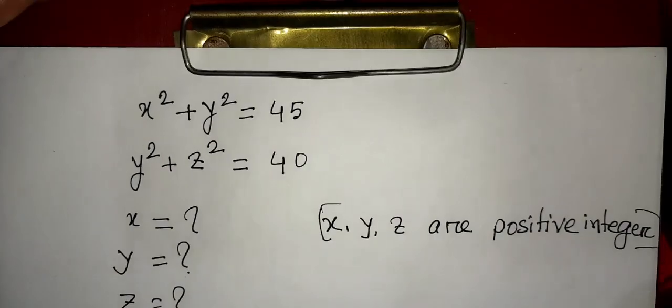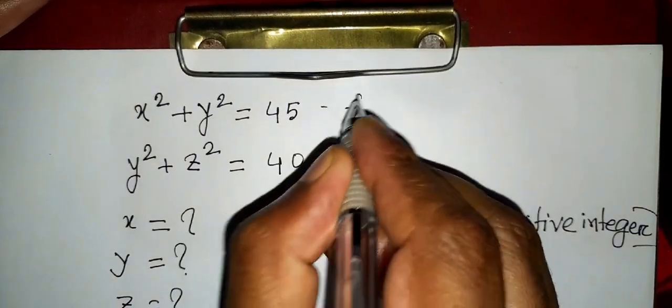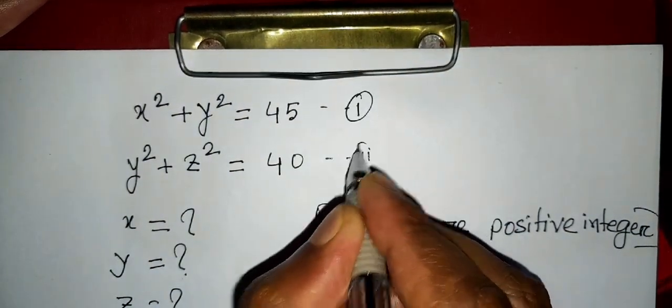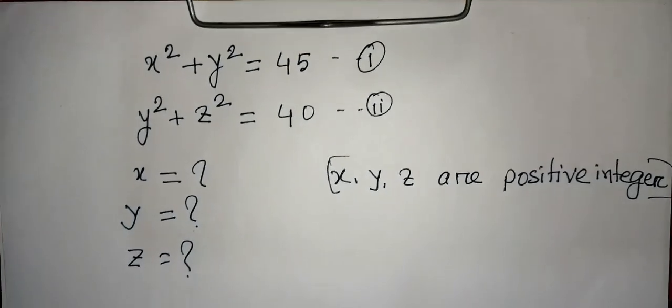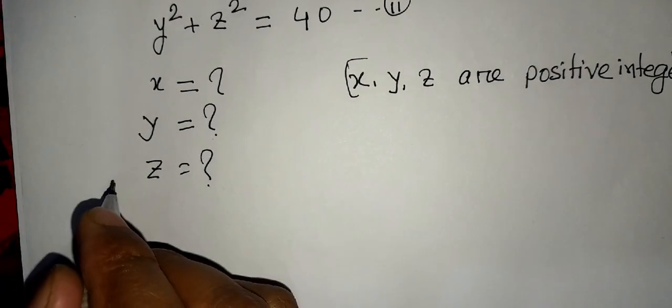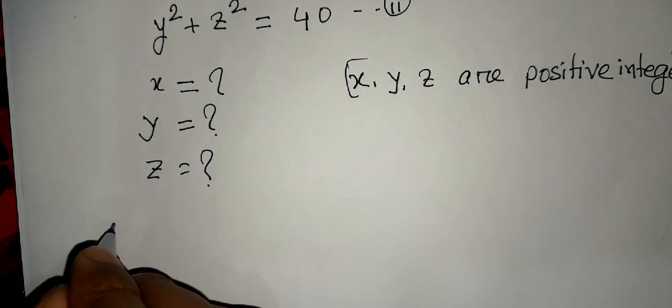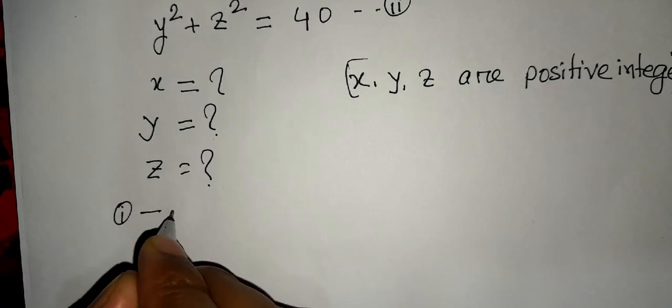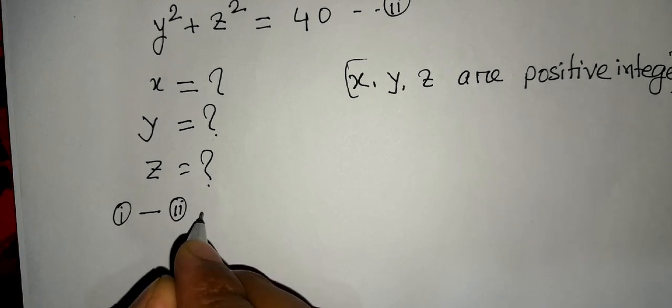We label these equation number 1 and equation number 2. So we get equation number 1 minus equation number 2.